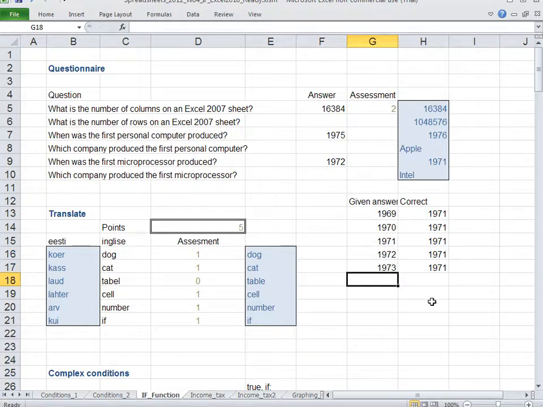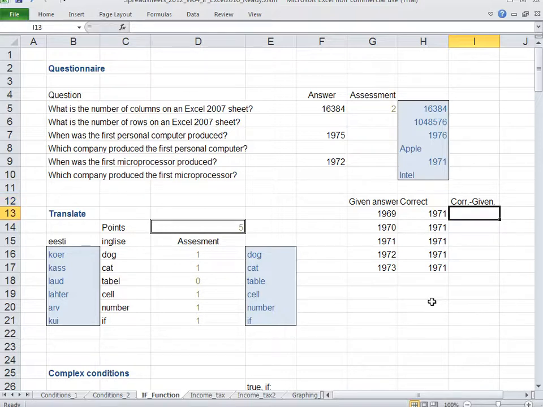Let's say that in all these cases, all these 5 answers, we give the full 2-point credit to the testee. So let's write down another column here, and it's called correct minus given.